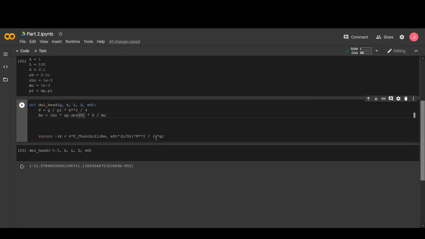When the velocity is used here, it's being squared, so the sign won't be carried. So then the other thing we want to do is to retain the sign of our initial flow rate. I think it's sign.